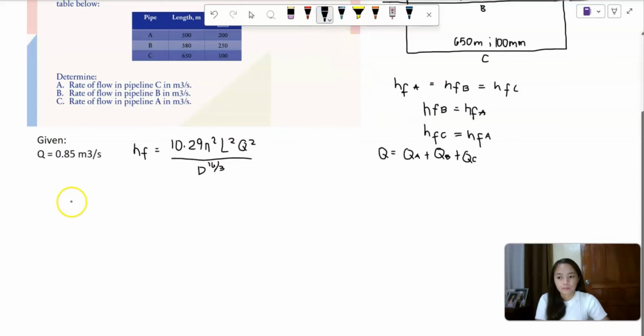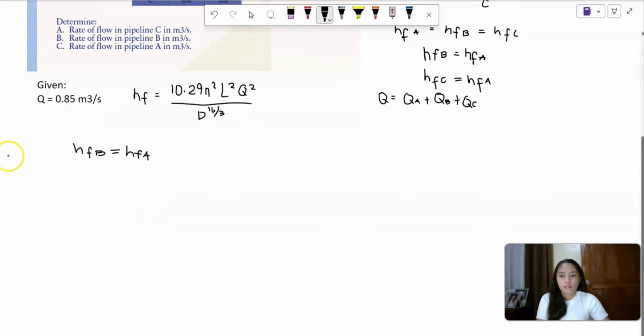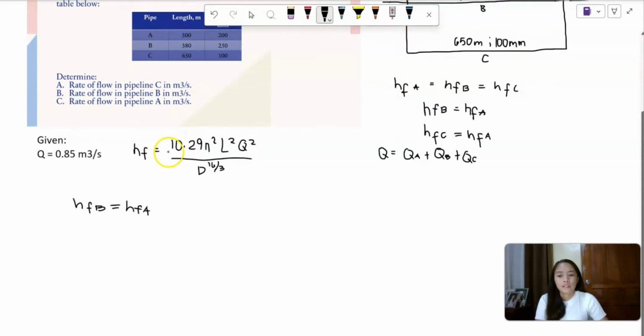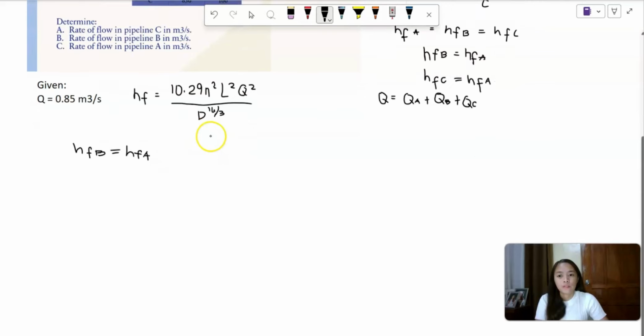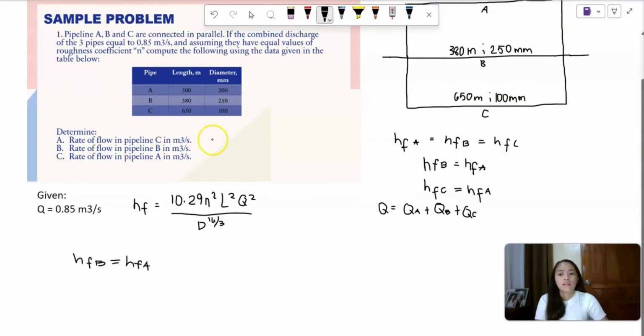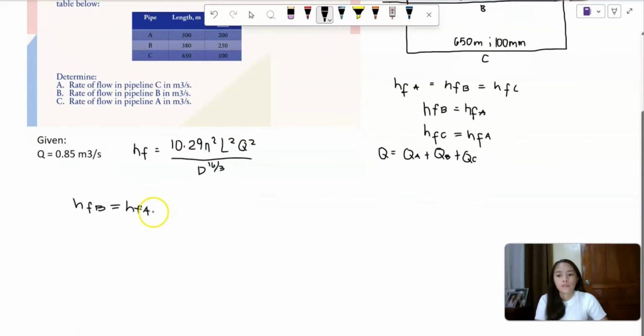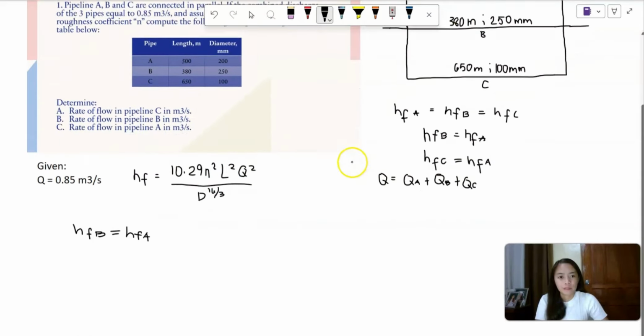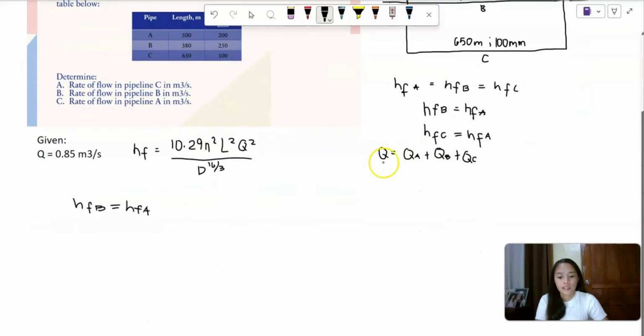So first, HFB is equal to HFA. Since 10.29 n squared will be cancelled, since they already have the same value, what remains is the length, the flow, and the diameter. So for pipeline B, the length is 380.